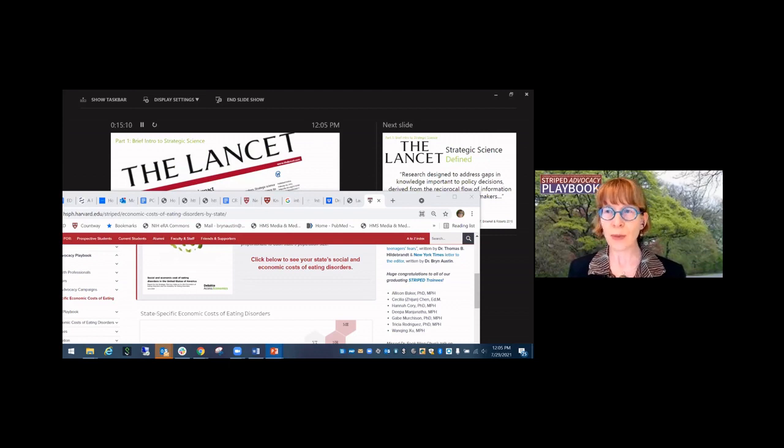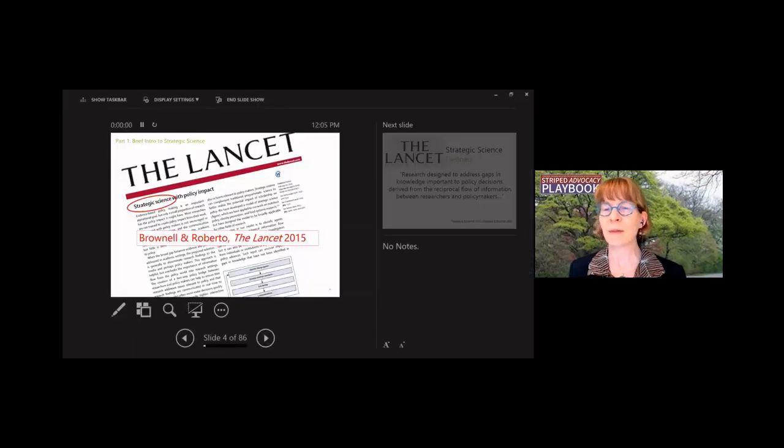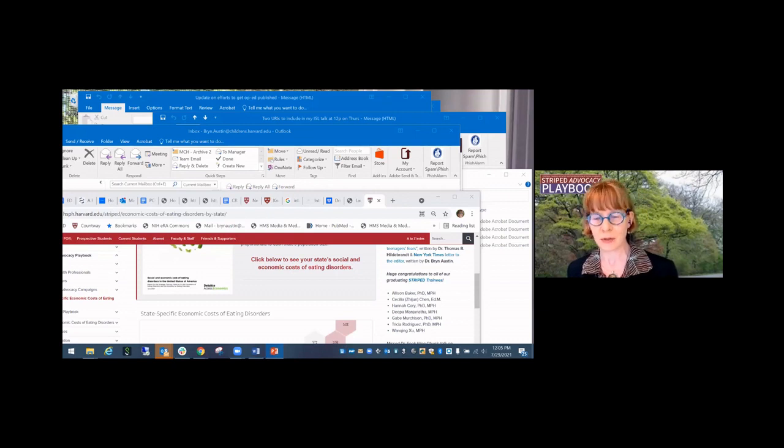Hi, sorry to interrupt, but your screen's partially obstructed by another window. Oh, thank you for interrupting. Sorry about that. I appreciate that. So is this better? Yeah, that's good. I apologize for that. Would you be able to make it a little bit more full screen? I think we could only see a portion of it taking up your screen. Okay. Yes. Thank you. Let me stop the screen share, and I appreciate your stopping me.